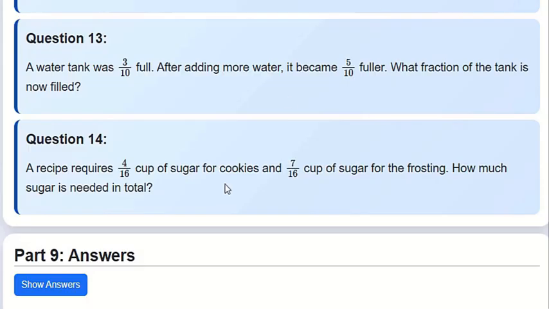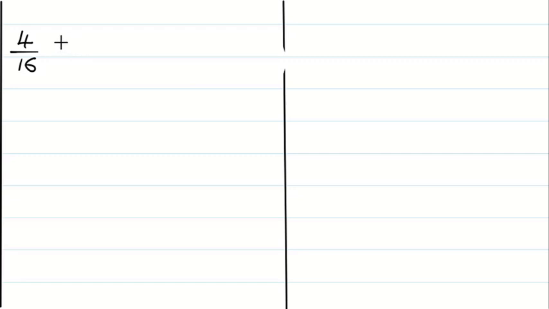You are told that was for cookies. Then it requires 7 out of 16 cup of sugar for frosting, and you are asked the total sugar required. So we have 4 plus 7, which is 11.